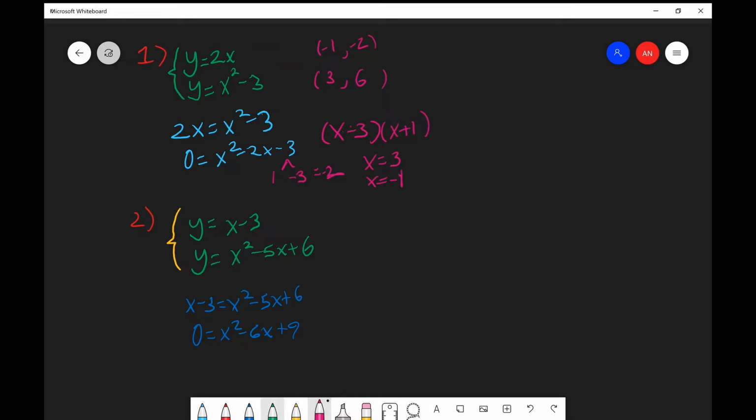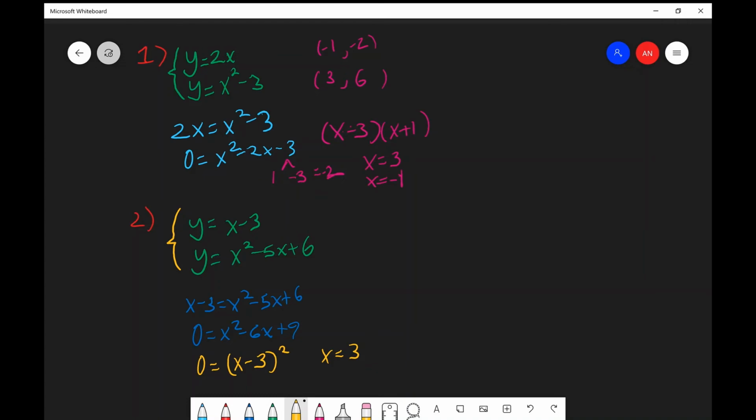Now we immediately notice that this is a perfect square. It's a perfect square of x minus 3. So that means our x is equal to 3. And there's no other solutions.